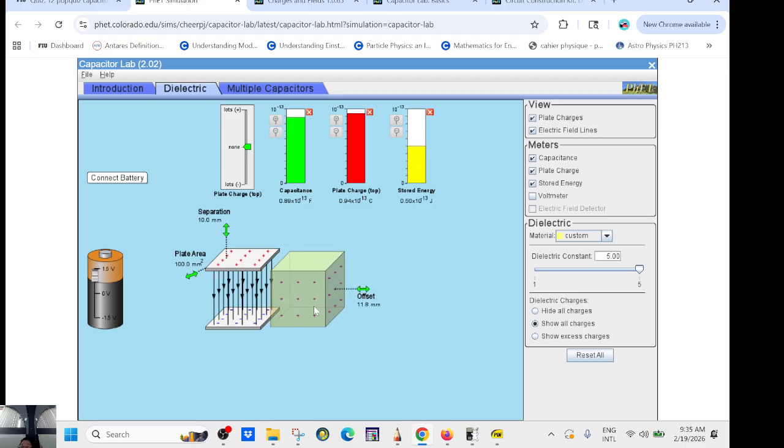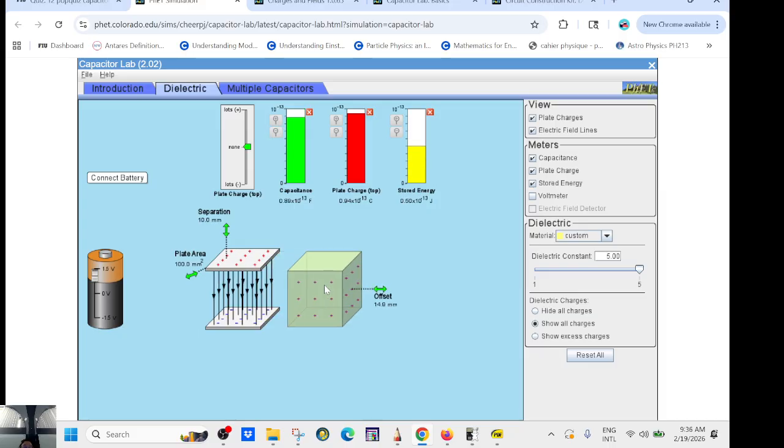So an insulator inside an electric field will make the electric field weaker. You see the lines are more spaced out. Even though the capacitance is increasing, nevertheless, the charge cannot change because it cannot go anywhere. Stored energy goes down because the electric field decreases, and the energy is proportional to E squared.